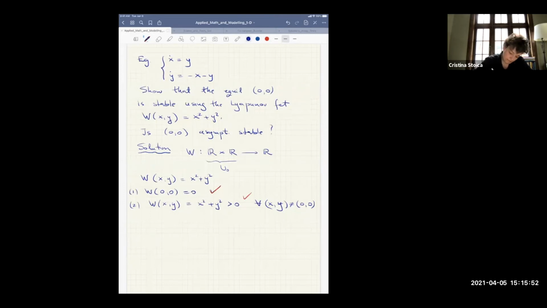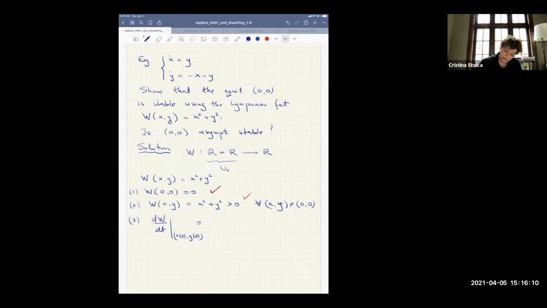And 3. Now we have to do dW/dt along x of t, y of t solution. You're going to say, but I don't know the solution. But this is exactly like the energy computation, if you remember, conservation of energy.